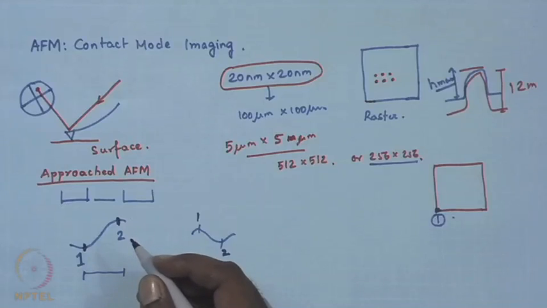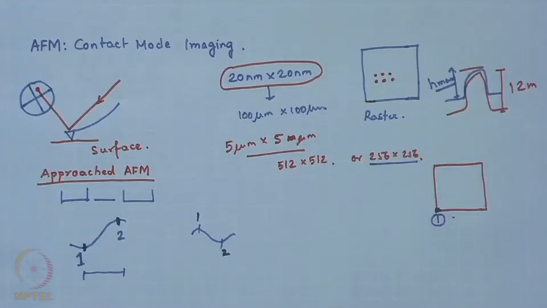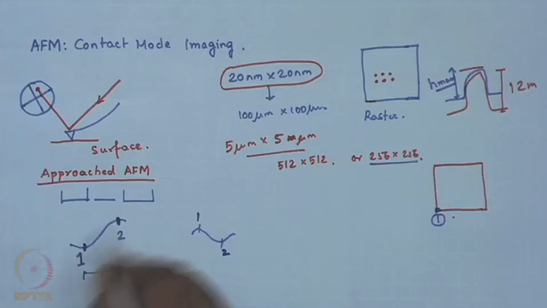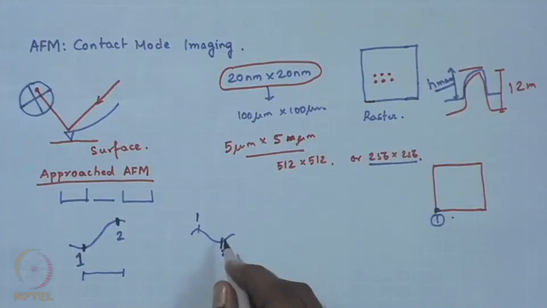If point 2 is at a higher elevation, the repulsive force on the cantilever increases, because it is now getting repelled by an even larger extent. You can see here that the tip in contact with the surface is now closer to the scanner, so the force increases. In contrast, if point 2 is at a lower level as compared to point 1, the force is going to reduce.